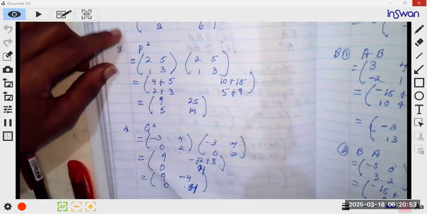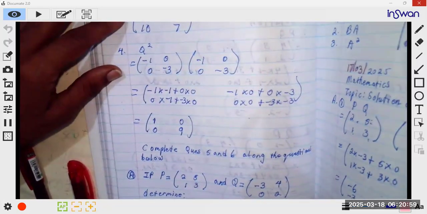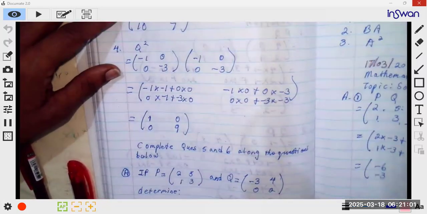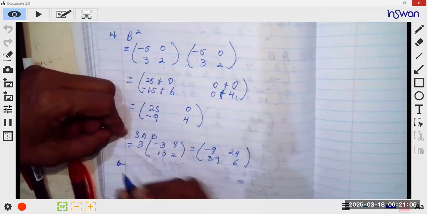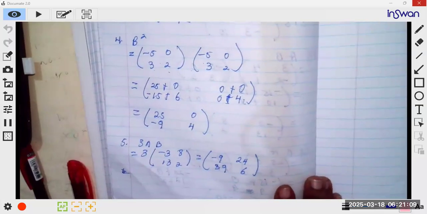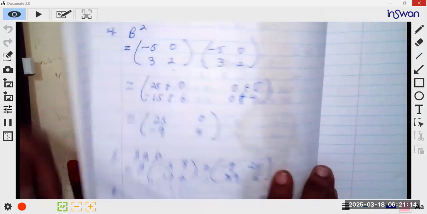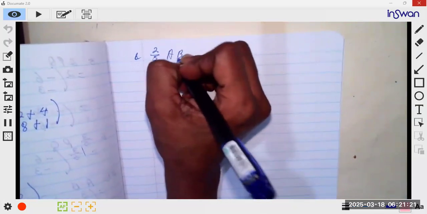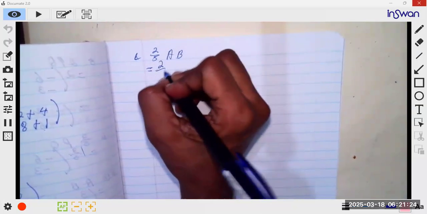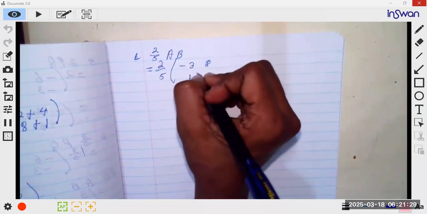Number 6 is 2/5 AB. Can I go on the other side? Yes or no? Number 6, 2/5 AB. So that will be 2/5 by what is AB? AB is [-3, 13; 8, 2].